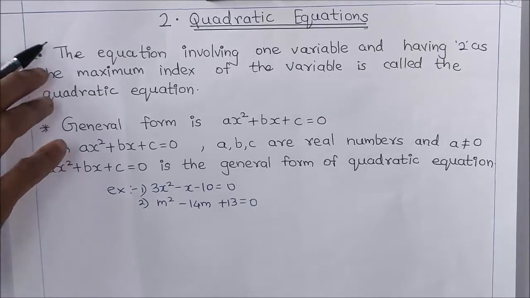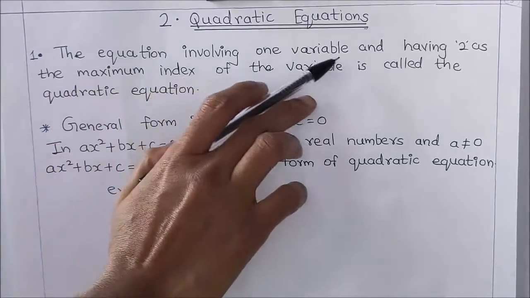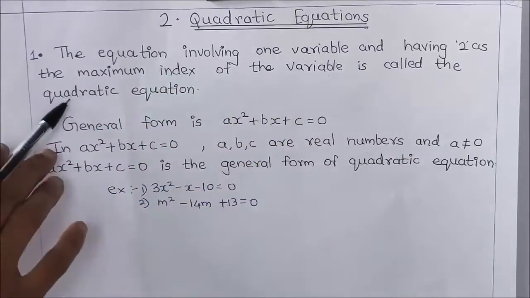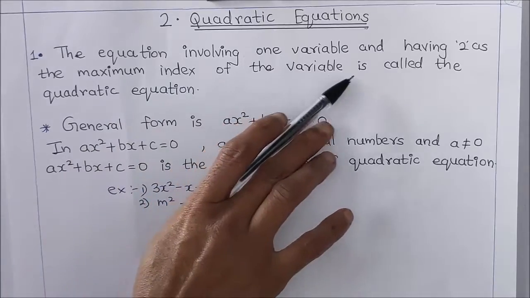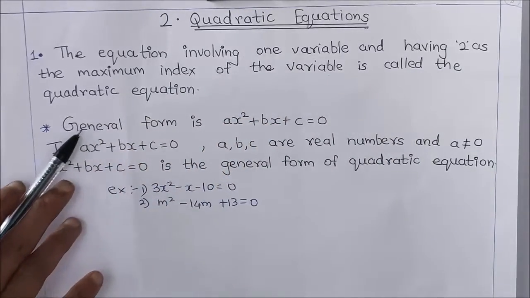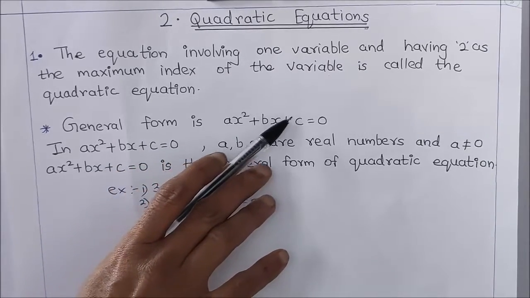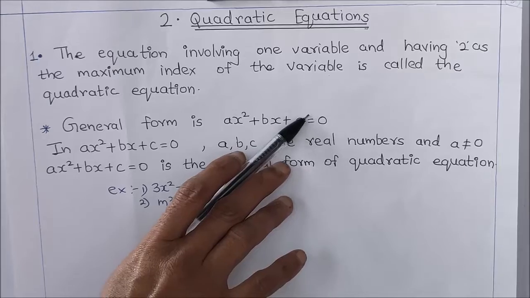Let's study the definition of quadratic equation. The equation involving one variable and having 2 as the maximum index of the variable is called the quadratic equation. Now the general form of quadratic equation is ax square plus bx plus c equals 0.